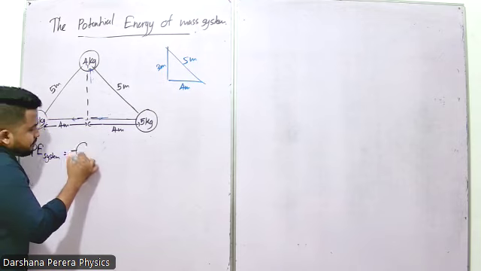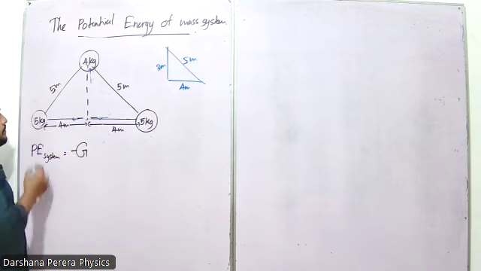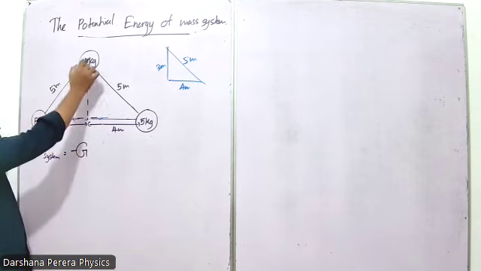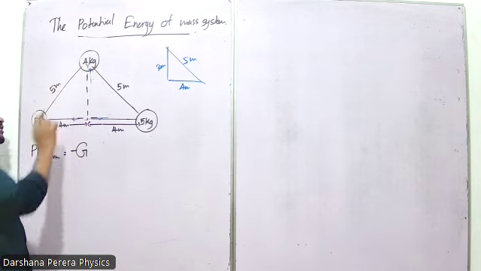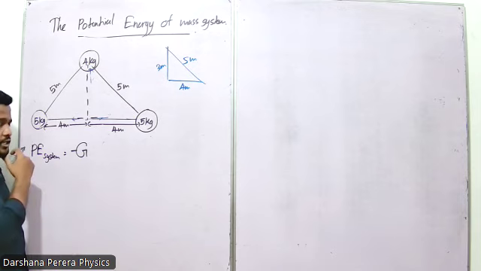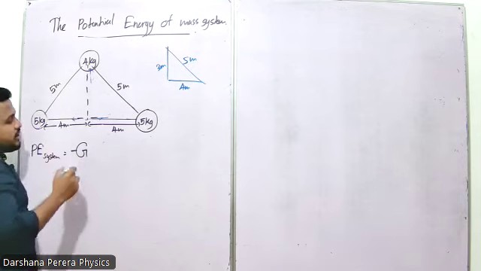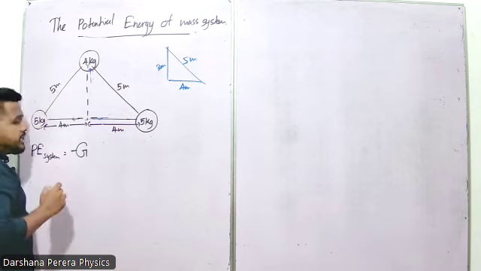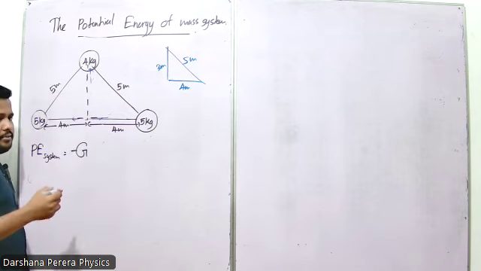minus G. 5 is producing gravitational potential at the 4, and 4 is located in that gravitational potential. Like that I can take pairs.